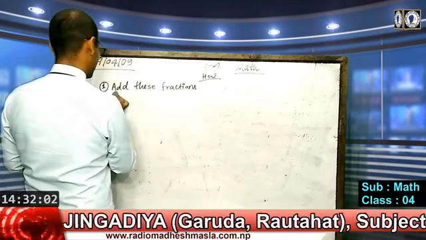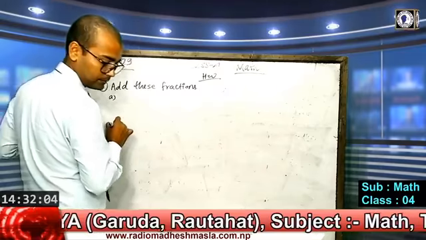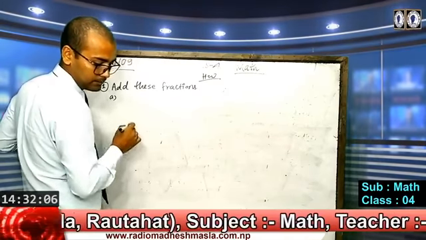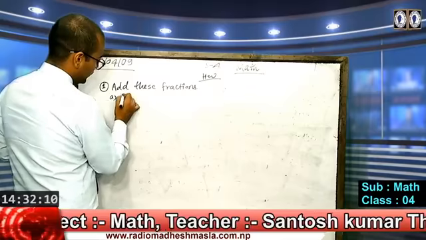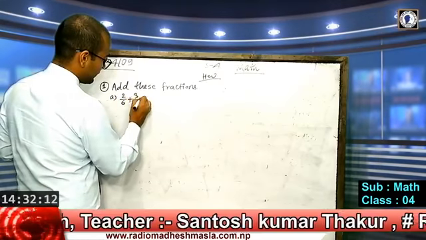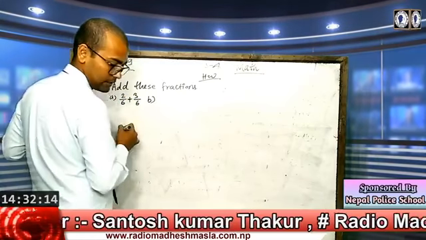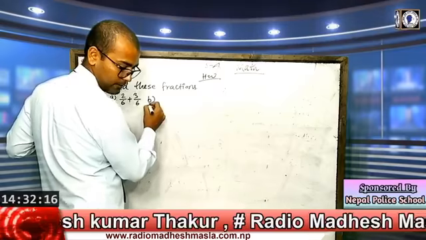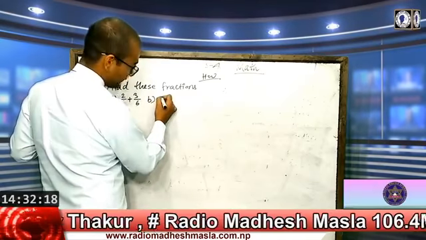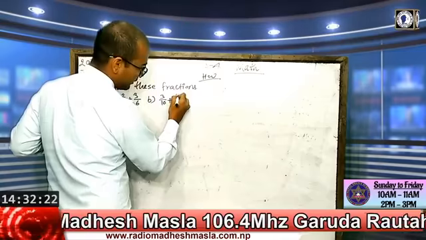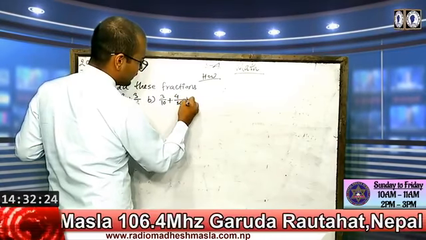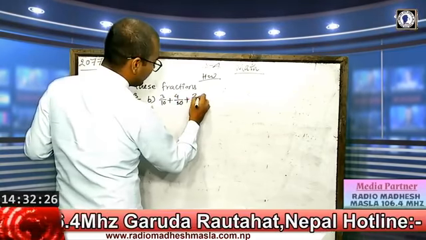In question A there is given 2/6 plus 3/6. In question B there is given 3/10 plus 4/10 plus 2/10.